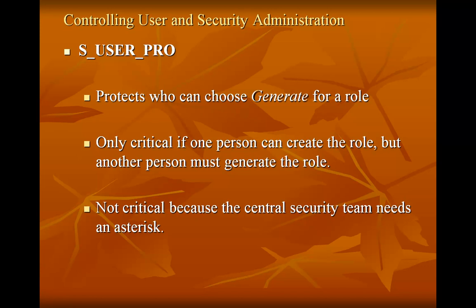But that is almost a not-happening kind of scenario. Not critical, because the central security team needs an asterisk. Basically, that would be you. You need complete access to this. So probably it's not that critical.